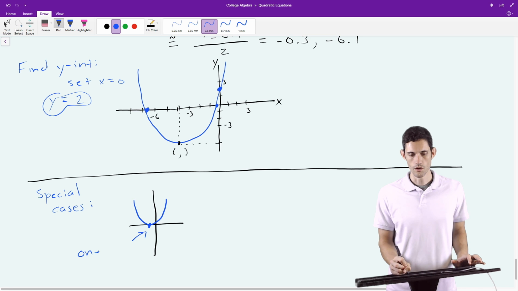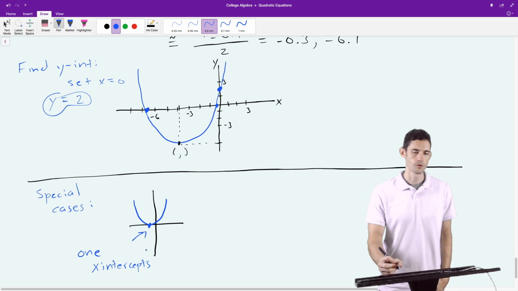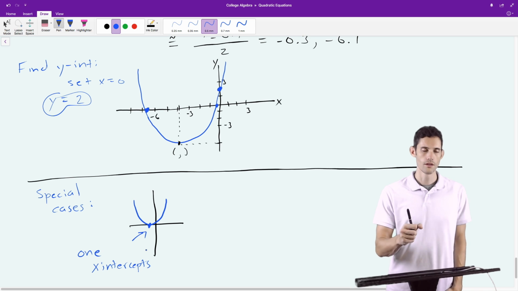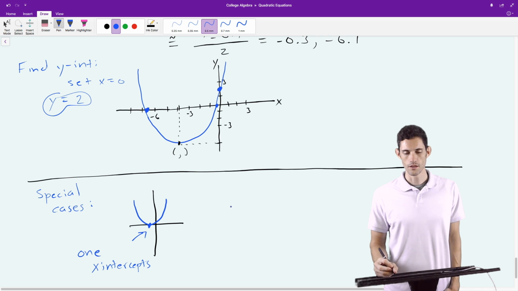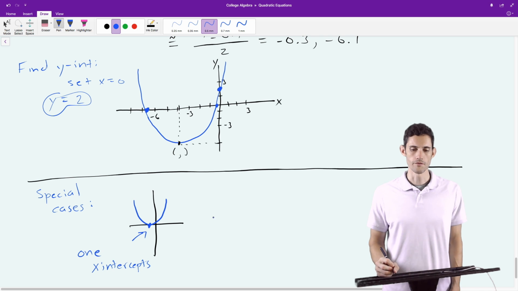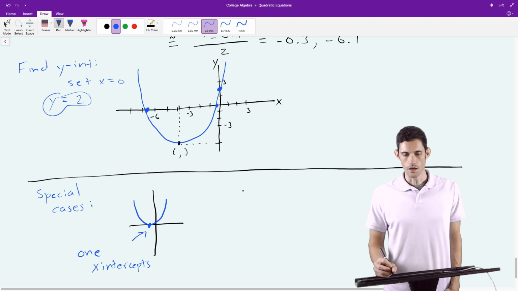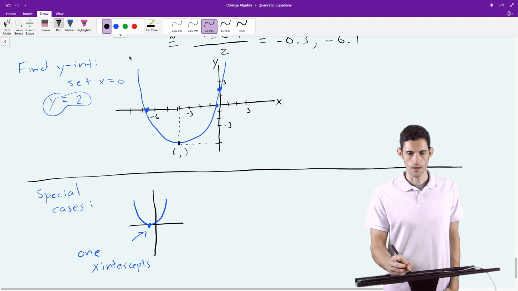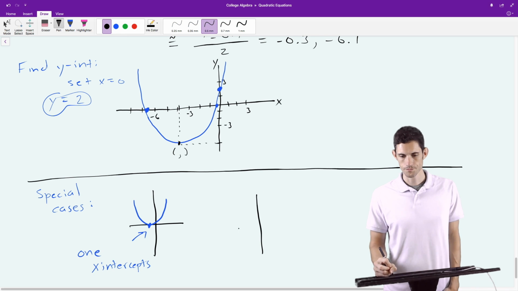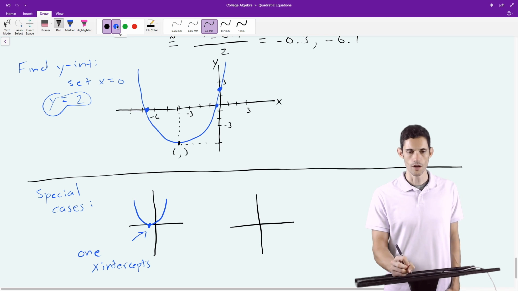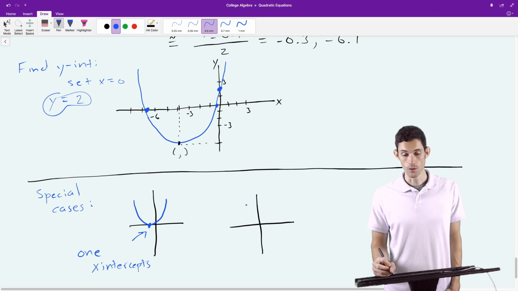This is if you have one x-intercept. So when you look for x-intercepts, you'll find one solution, but it is said to have a multiplicity of 2. Or you could have the scenario where your parabola has no x-intercepts.